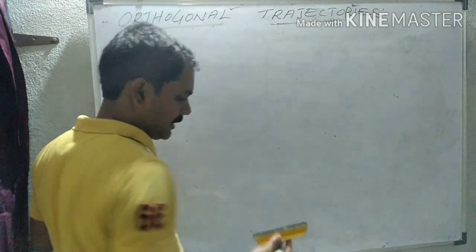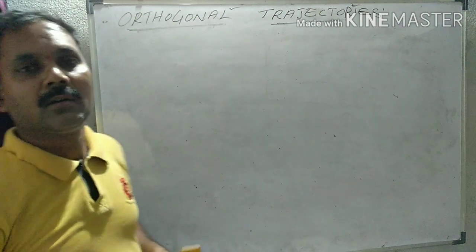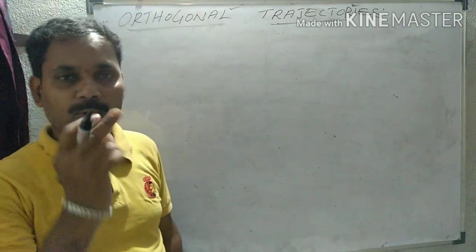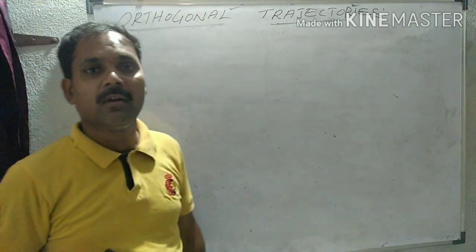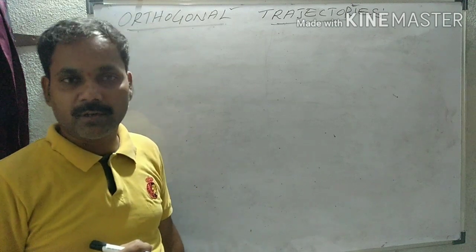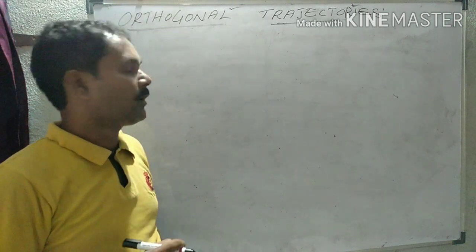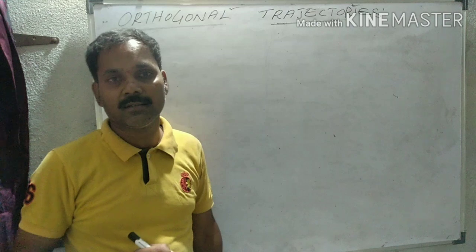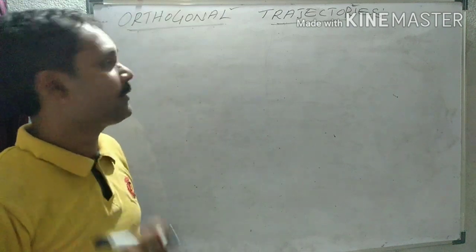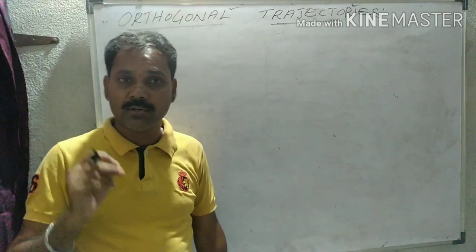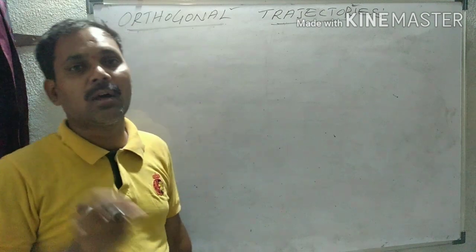Now, orthogonal trajectory problems are of two types. They are: find the orthogonal trajectories for Cartesian coordinates, that is the first one, and the second one is find the orthogonal trajectories for polar coordinates.